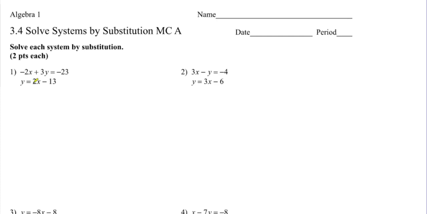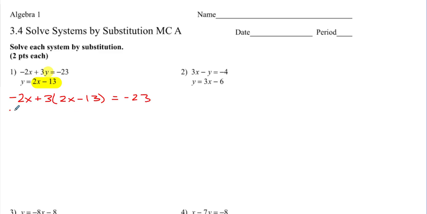What is y equal to? Y is equal to 2x minus 13. So I'm going to plug that into that y right there. So I do that simply by rewriting 2x plus 3, but instead of that y, I'm going to put this right here, 2x minus 13. And then I write the rest of my equation, equals negative 23.